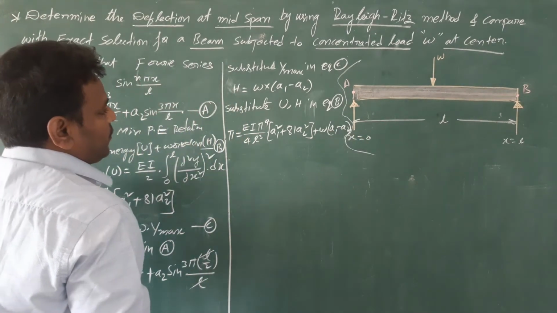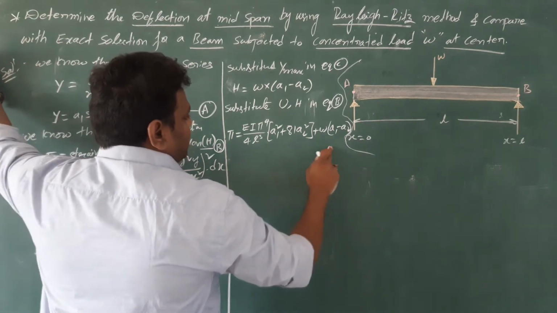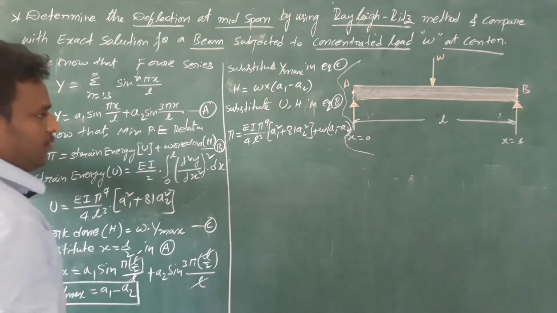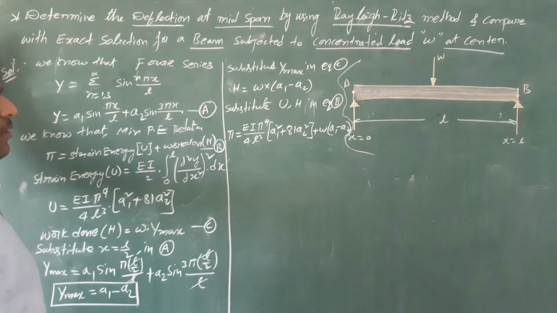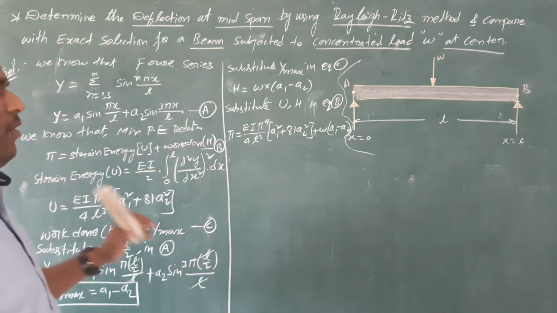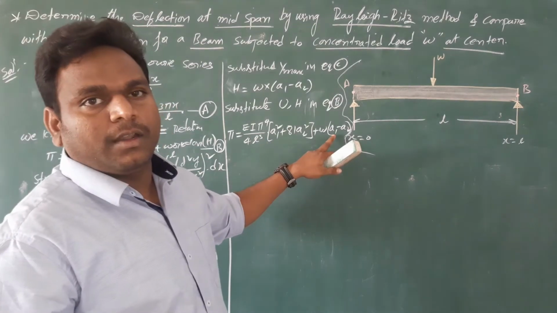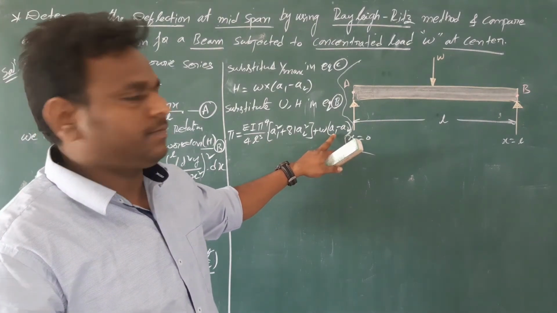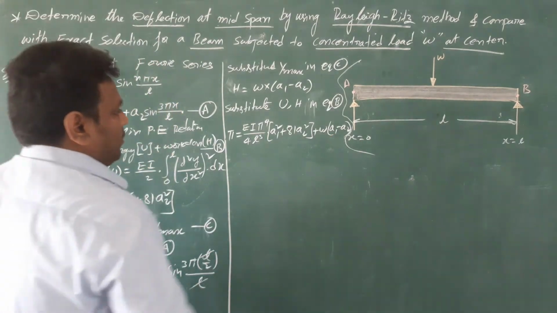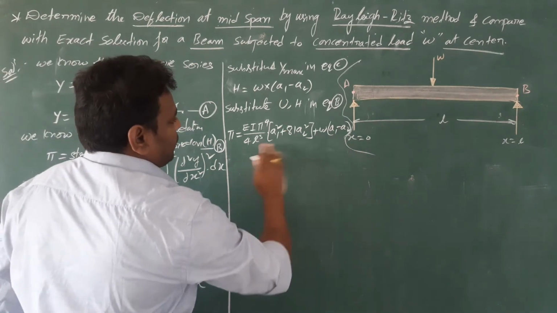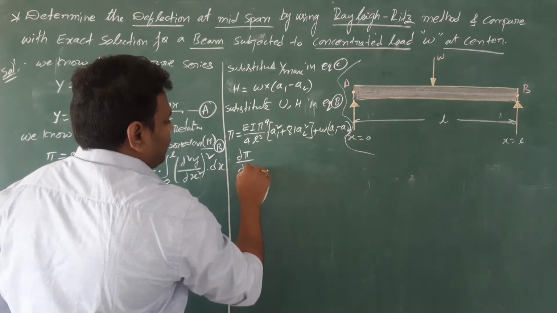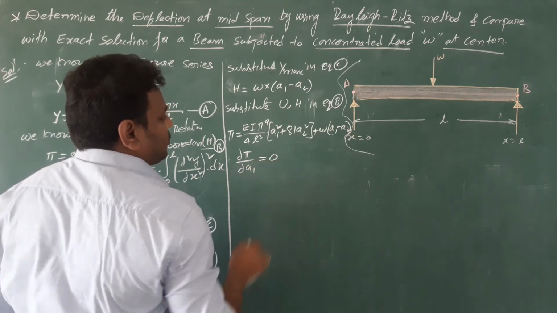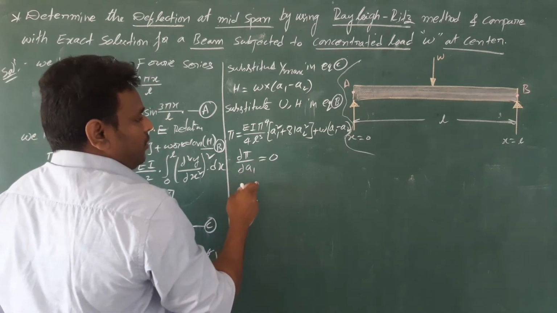Now differentiate the above equation. A1 and A2 are Ritz parameters. Differentiate with respect to A1 and equate to 0, then we will get the A1 value.